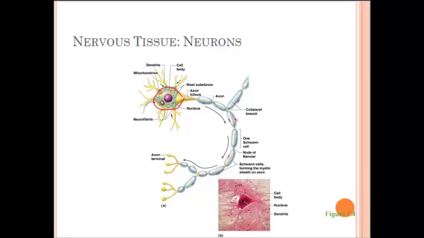Then from the cell body, we have these processes. We have two types of processes. We have one that's called an axon, and the other that is called a dendrite. And a dendrite, these are kind of like the roots of the neuron. They receive signals. This is where the neuron connects with other neurons that are coming in. So let's say we have a neuron here, and it has this axon coming out, and it's sending a signal.